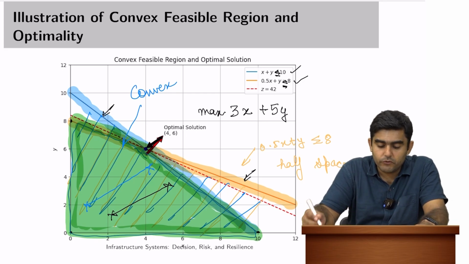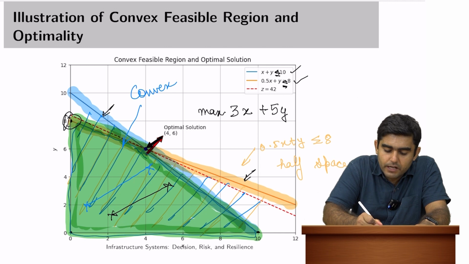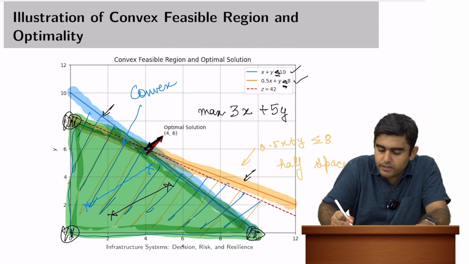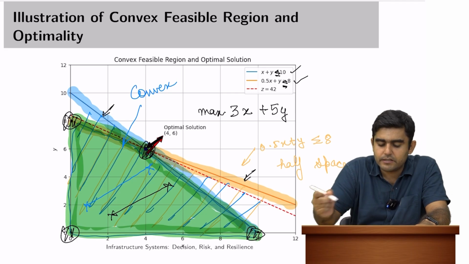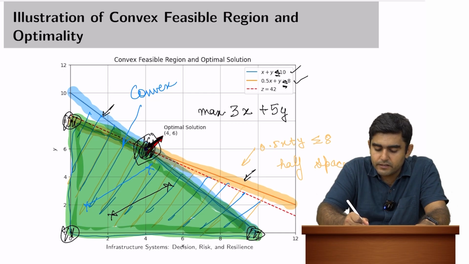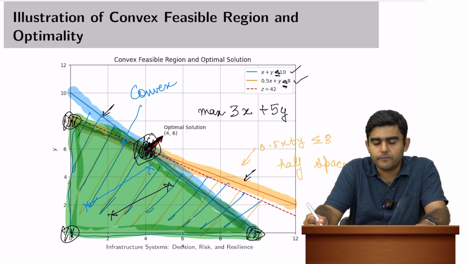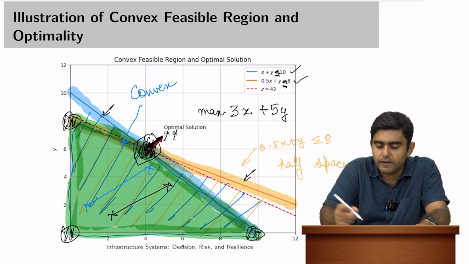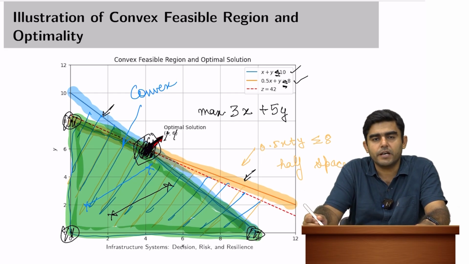Moreover, we would always have our optimal answer either at this point or here, or in this case at this corner. In this very problem, we would see that the maximum value of this function is 42, and it happens at values of 4 and 6, which happens to be the corner point of the shape that has been traced by this green shaded area.